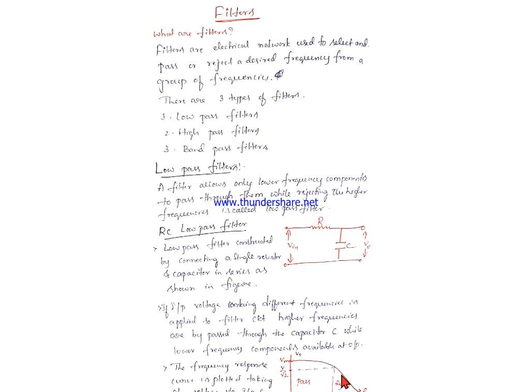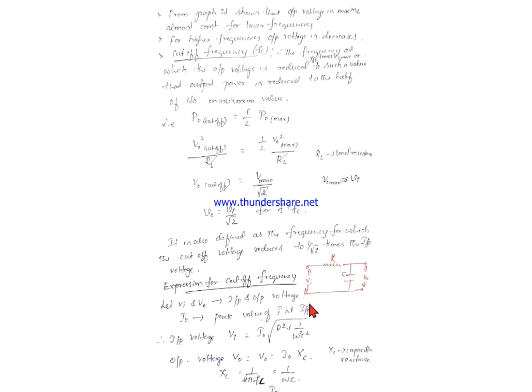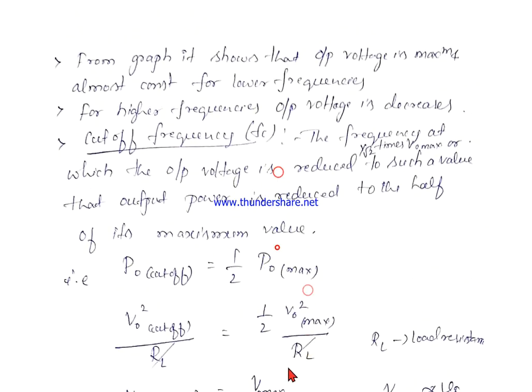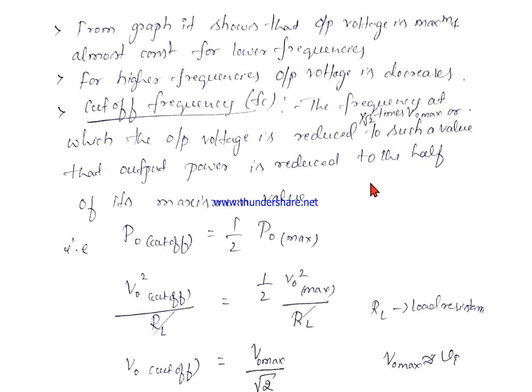For higher frequencies, the output of the filter goes on decreasing and decreasing, and for very high frequencies it becomes 0. So for higher frequencies the output decreases.